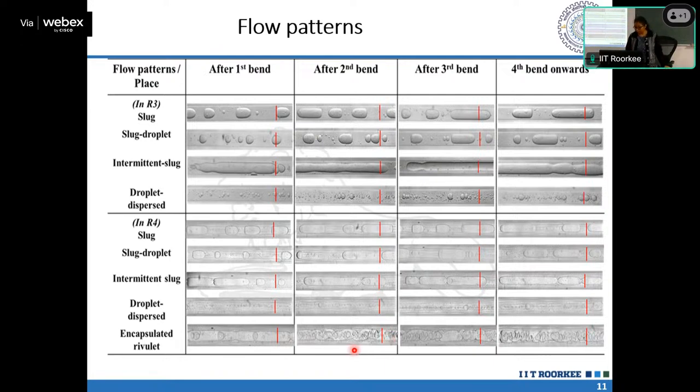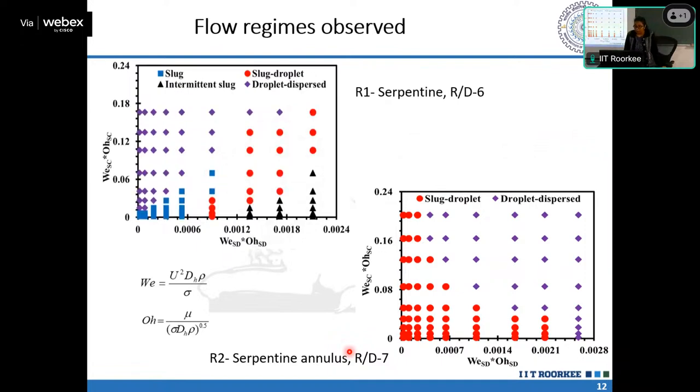Now let us see what the effect of all these things will be on the flow regime map. Because we have taken different R by D and different geometry structures, we have put it in terms of non-dimensionalized numbers.